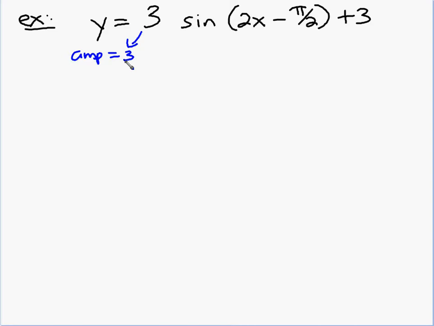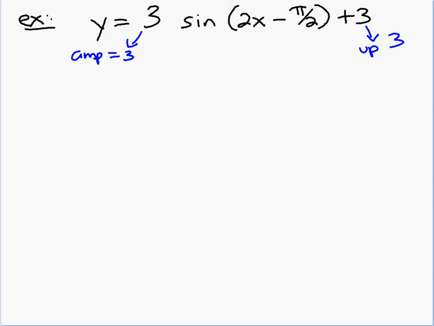That's easy. And let's just take care of the easy parts first. There's going to be a vertical shift. This is going to move every point up 3. Now, the next thing, and this is the challenging part of these problems, is dealing with the period and the horizontal shift.